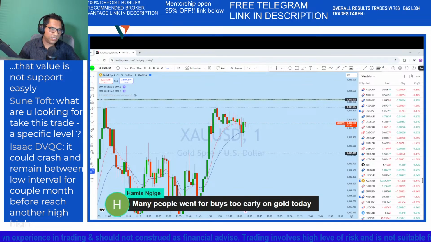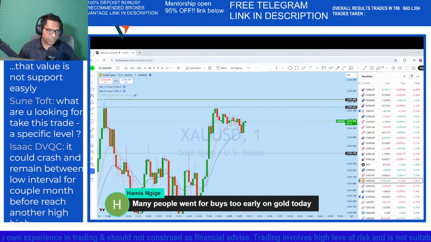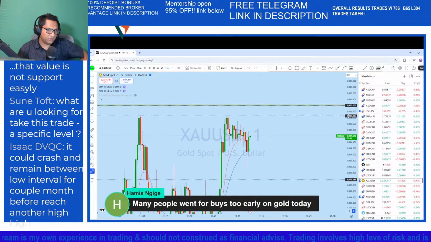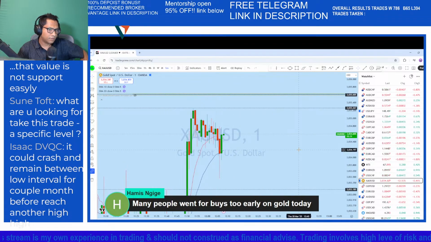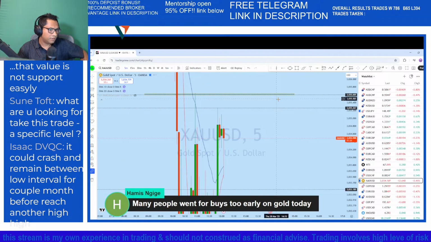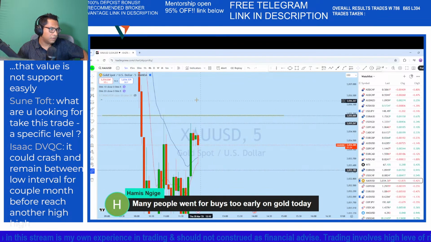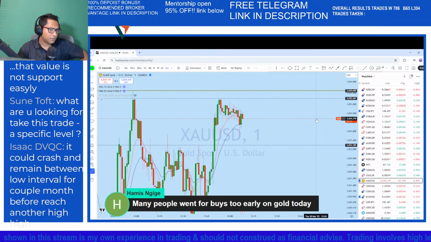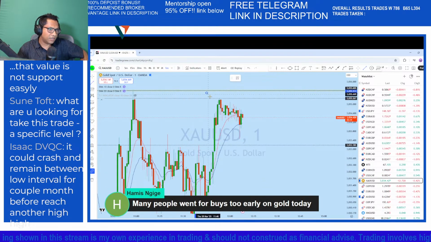We'll be waiting to see the proper direction. Once we see the market has managed to find the direction, that's where we will be entering into the trade. So here is the resistance line.